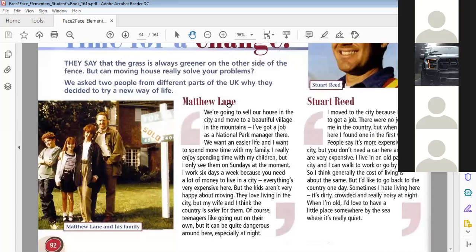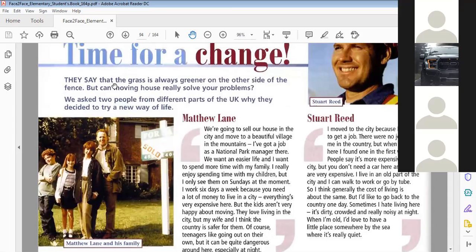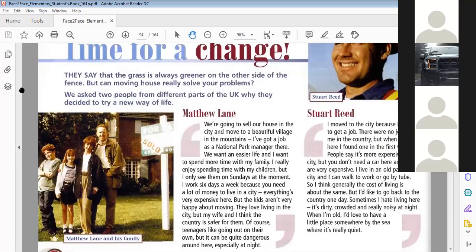So the article is called Time for a Change. This is the title. Yes, read both of them and then we can check. We'll try to answer the questions.